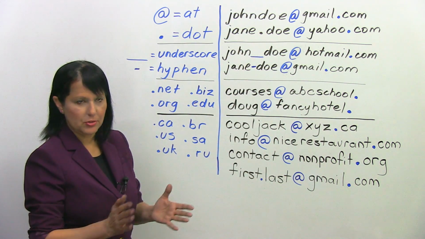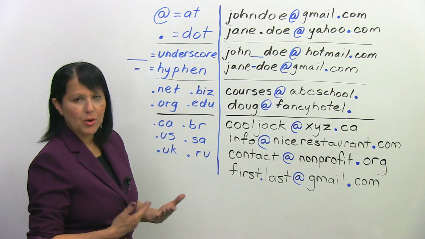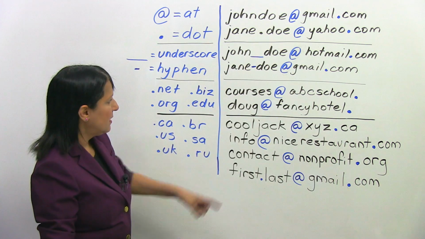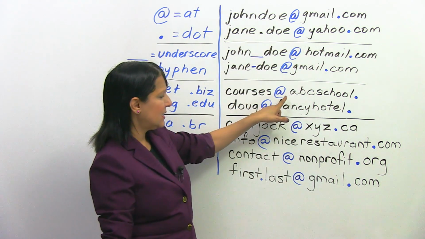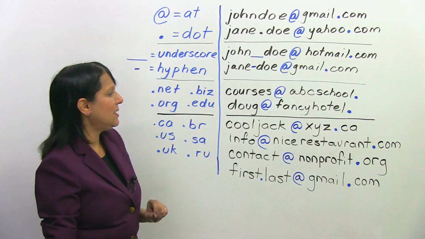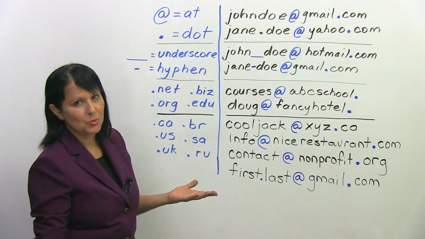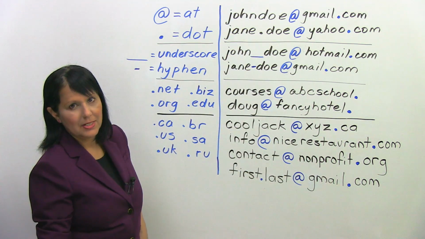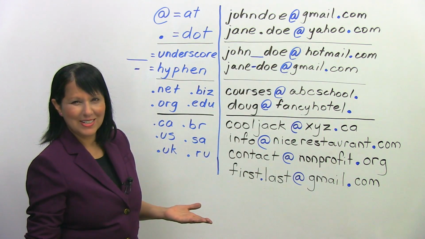There are also many others, all right? So let's practice saying something like that. Courses at abcschool. What do you think it would be? Most likely for a school. It could be .com. It could also be what?